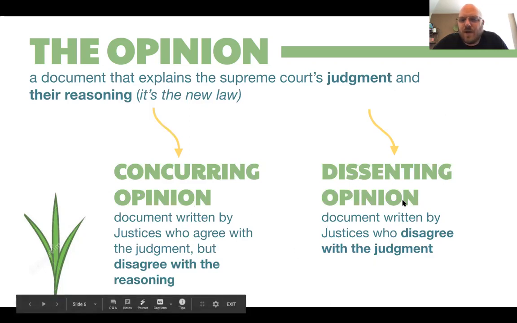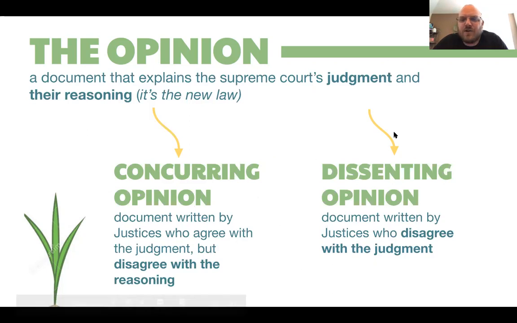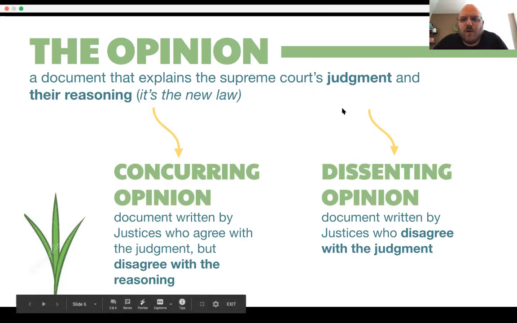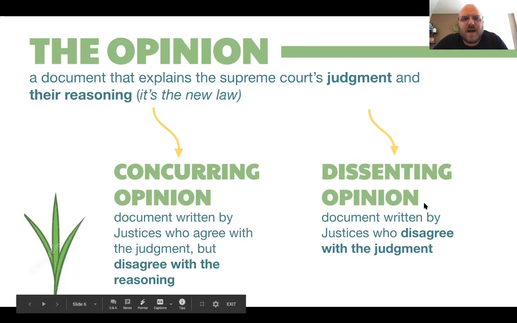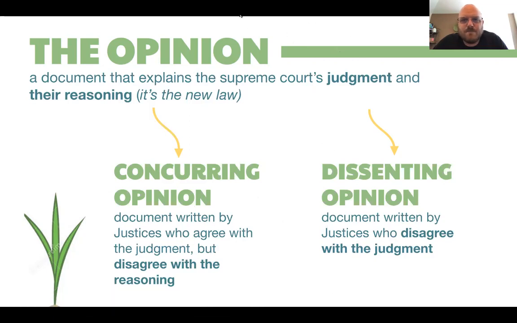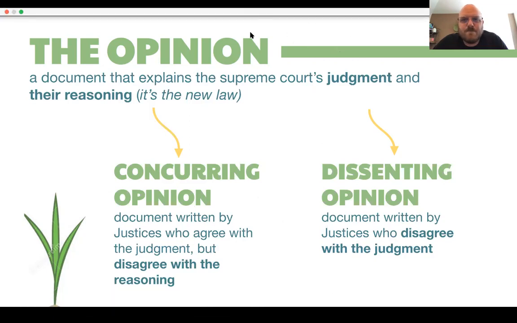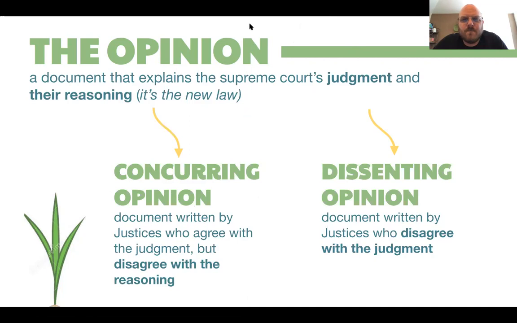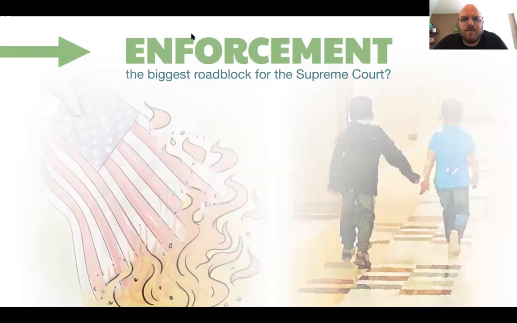A dissenting opinion, okay, these are written by justices who disagree with the judgment. So they were outvoted, they were not on the winning side of that argument, so they issue a dissenting opinion. Does anyone know who decides who writes these opinions? Anyone?